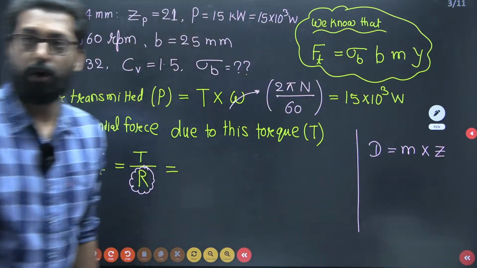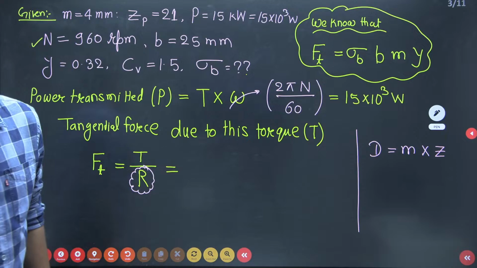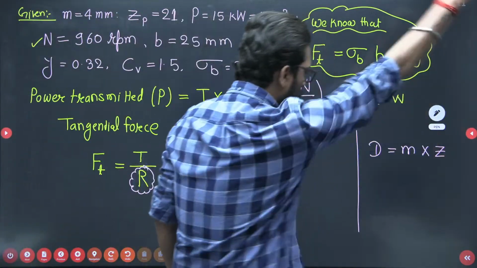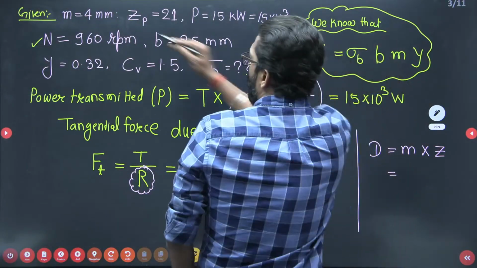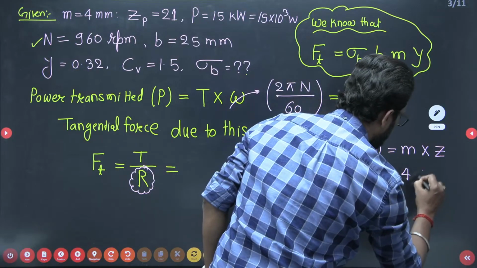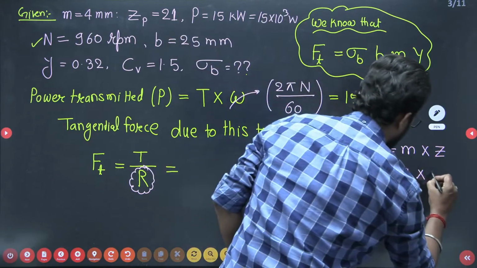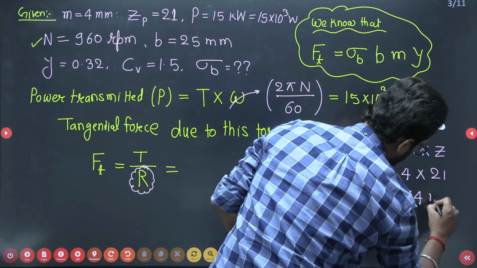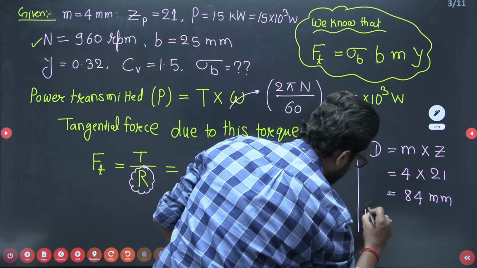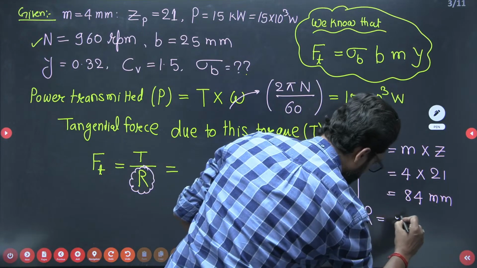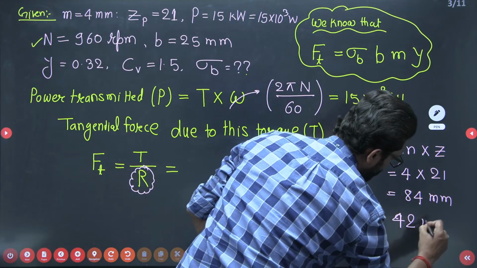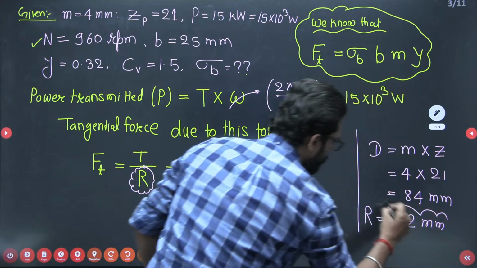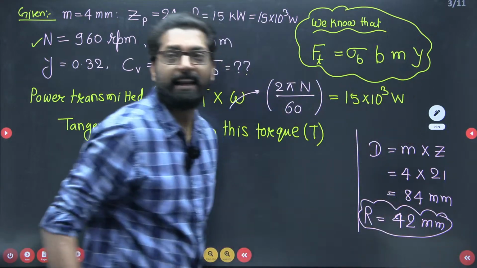If you don't know this formula from the theory of machines, you cannot solve this. What is the module here? 4. What is the teeth value? 21. How much is it? 84 mm. So what is the radius R? 42 mm. So 42 mm is the radius of the pitch circle.